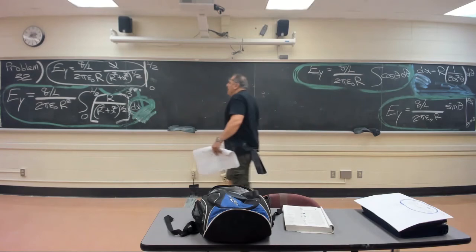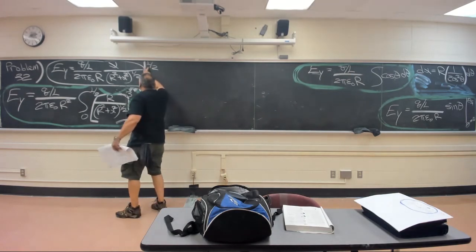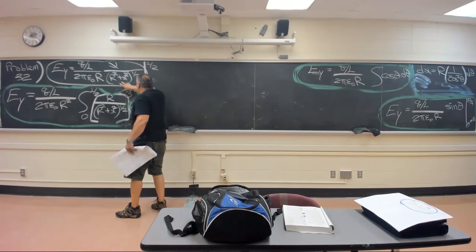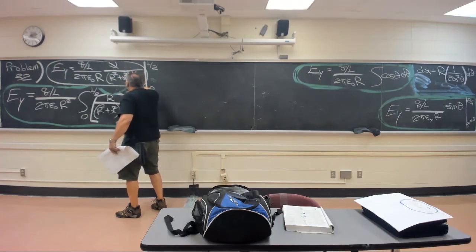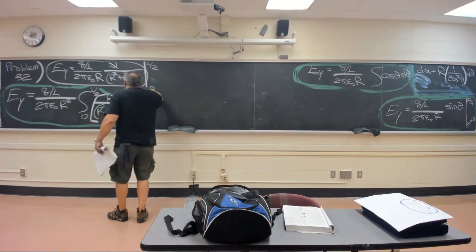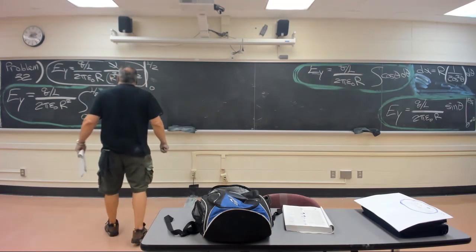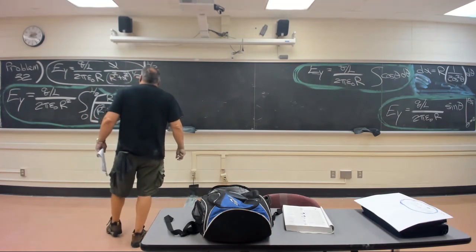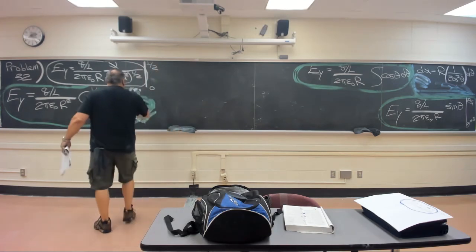Makes sense to me, because L over 2 is the x value, the longest it gets. That's the hypotenuse. If you put L over 2 in here for x, it's L over 2 divided by the hypotenuse. That's sine theta on the big side. On the short side, the sine of theta is 0.